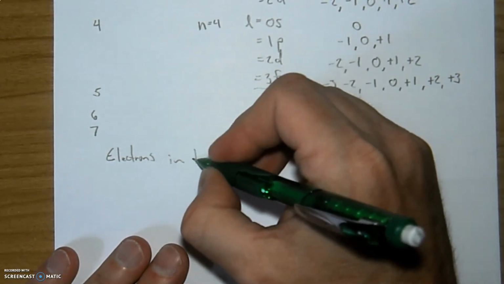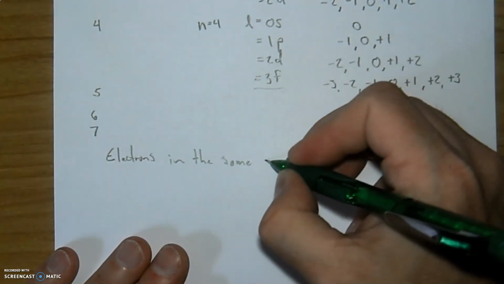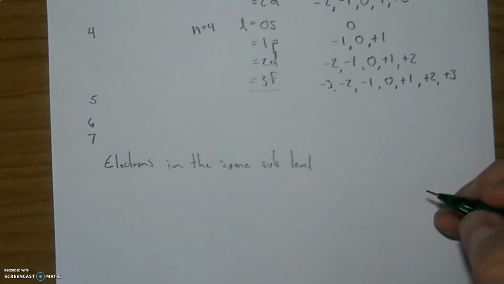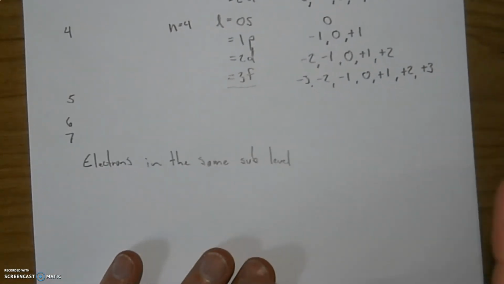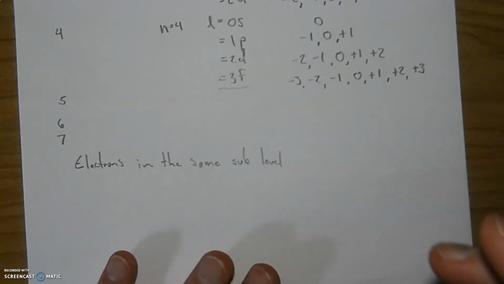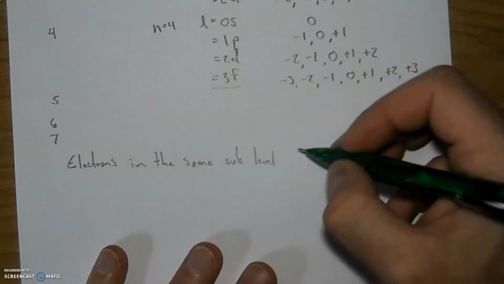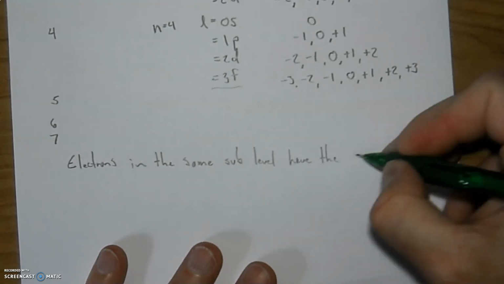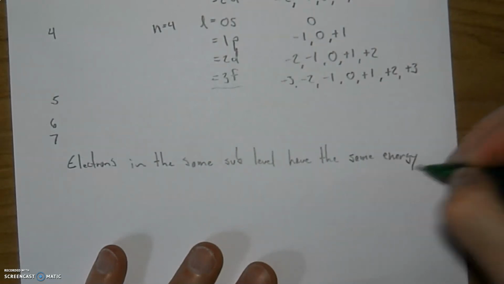Electrons that are found in the same sublevel, in other words, the S or the P or the D, not all of them together, but all the electrons that are found in the S's, or all the electrons found in the P or the D. So the ones that are found in the same sublevel have the same energy.